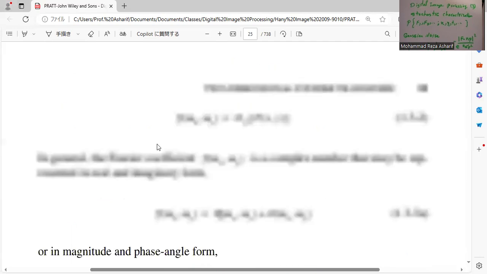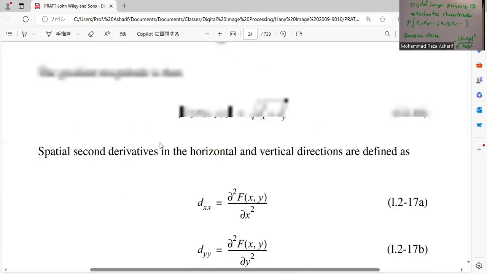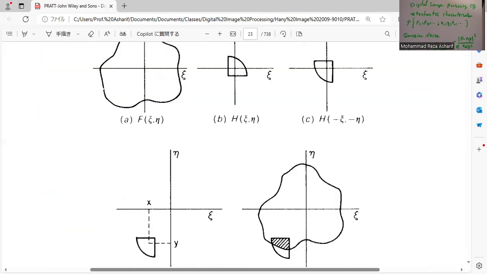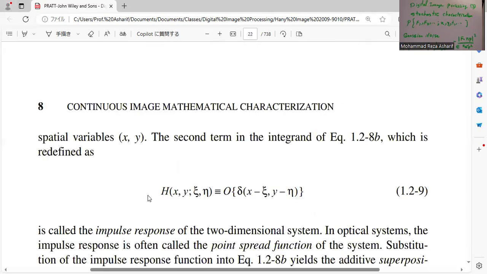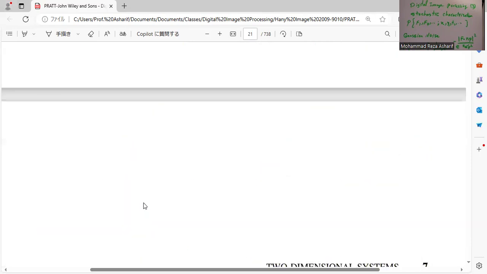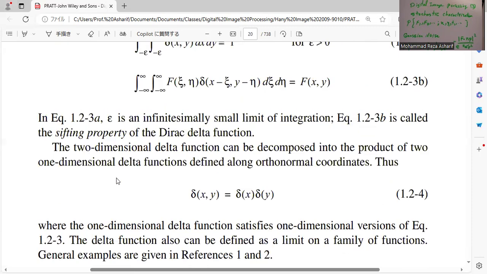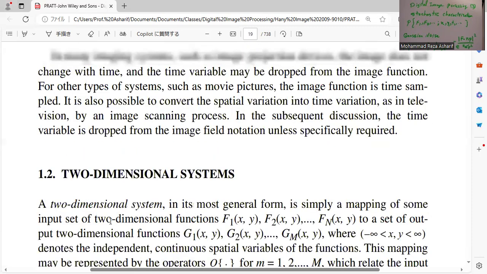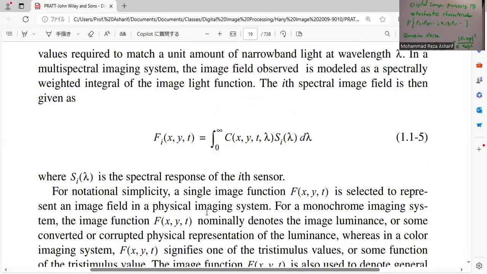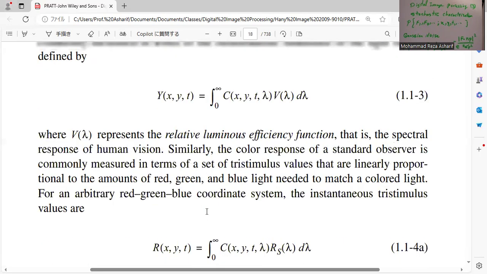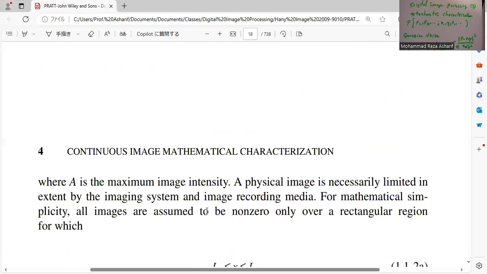Just for your convenience, I will try to write the, sorry. Oh, yeah, maybe this chapter started about here, two-dimensional systems. So this is a mathematical model of the two-dimensional system.